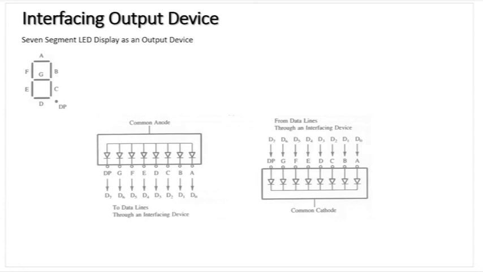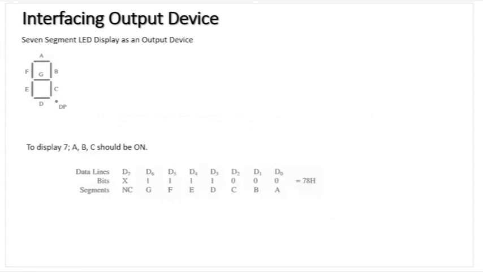That means for ABC to be on, GFED should be off. For ABC to be on through a NOT gate, if they are connected to D0, D1 and D2, they should be low: 0, 0, 0, while D3, D4, D5, D6 will be 1, and D7 is a don't care condition.